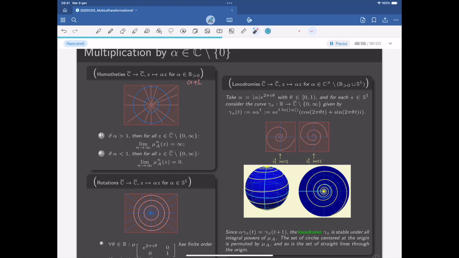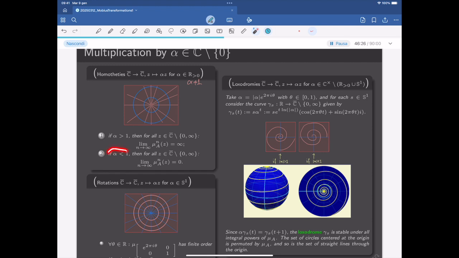If I'm multiplying by a real number greater than 1, then whenever I take any non-zero complex number and start multiplying repeatedly by alpha, the complex number is going to become bigger and bigger, and the limit is just infinity. Obvious.